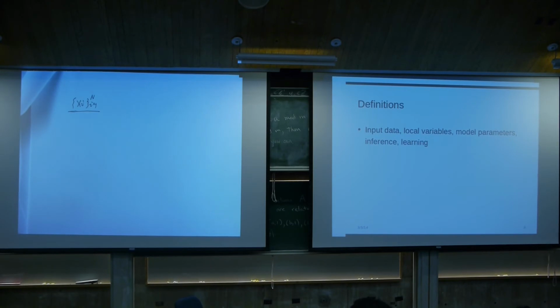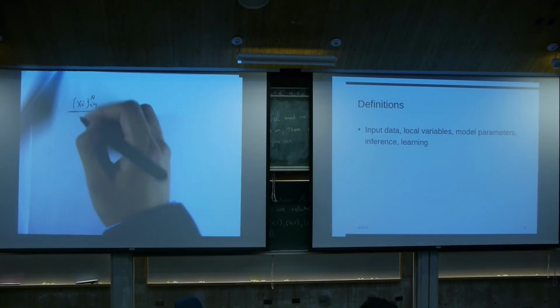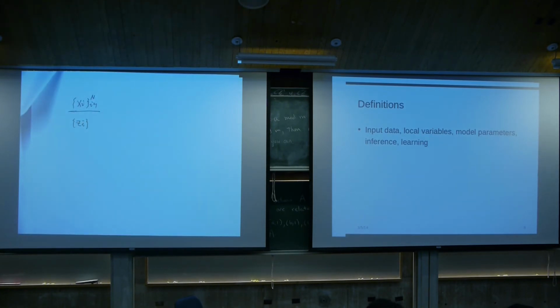The second thing is local variables. Local variables in the Gaussian mixture, in the GMM EM case, are the z's. Remember that for each of the points xi, we associate a zi. zi denotes which cluster this point belongs to. So each point xi has a zi, and this zi is called a local variable.